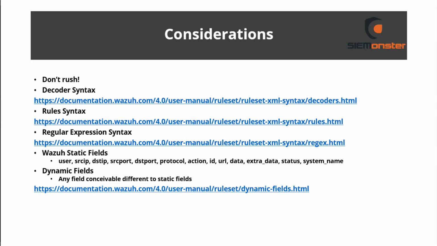If you rush your decoders, you may end up with a decoder that can match more than just your specific logs that you're looking for. It could introduce misdecoding of your events and various other items that could impact your end result that you don't really want.